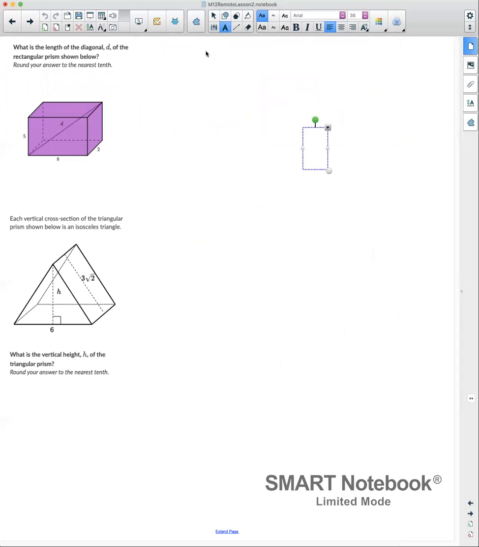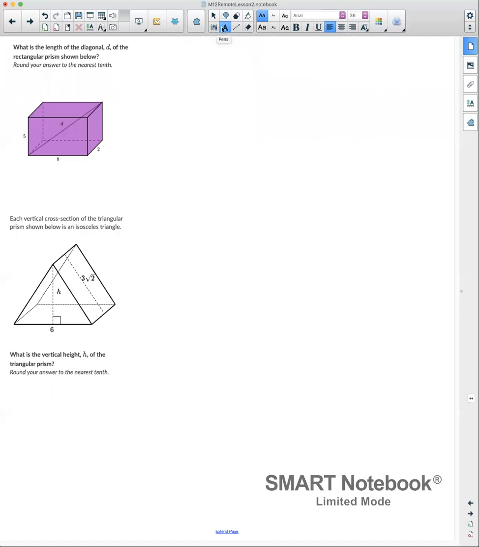All right, so this one is the diagonal length of it. This is from the top corner to the opposite corner on the bottom. This is a little bit different for your Pythagorean theorem because it kind of makes you try it twice.